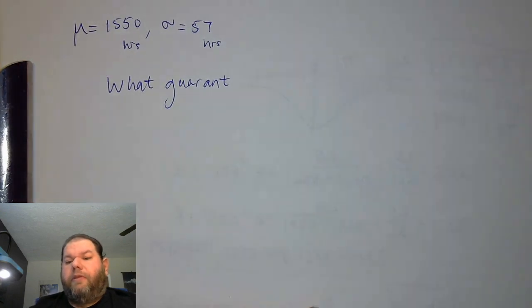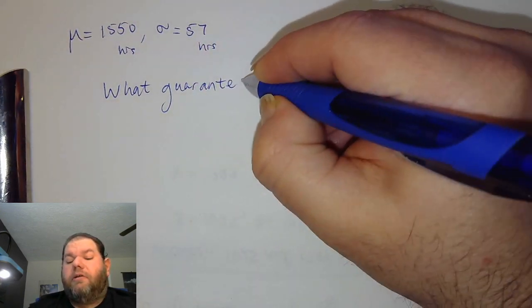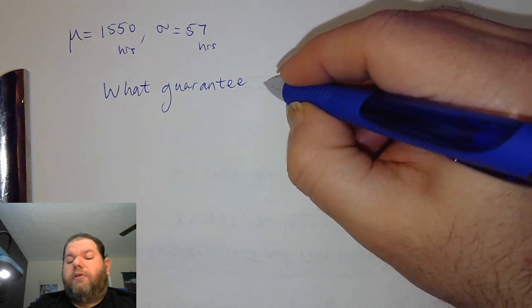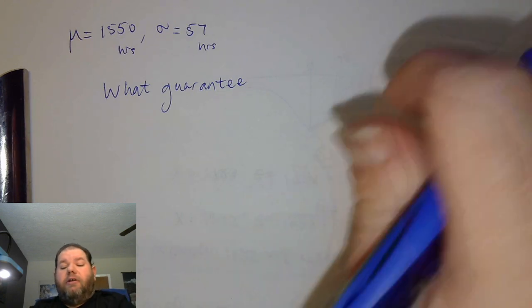Now, not so good. Don't worry about it. What guarantee? So we remember that this company said that their light bulbs would last at least 1,500 hours, and we discovered that even at 1,500 hours in Part A, about 19% of the light bulbs would last less than that.